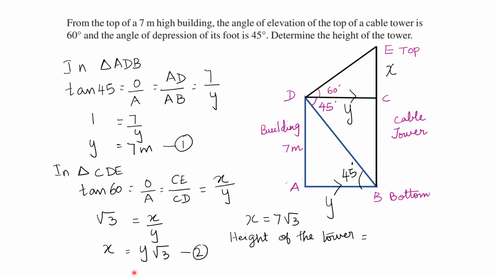BC is already how much? 7, right? 7 plus X. So BC plus CE is equal to 7 plus X, that is equal to 7 plus 7 root 3. We can take 7 out: 7 into (1 plus root 3) meters.